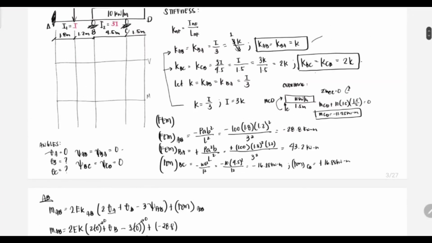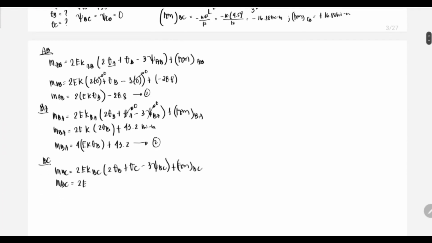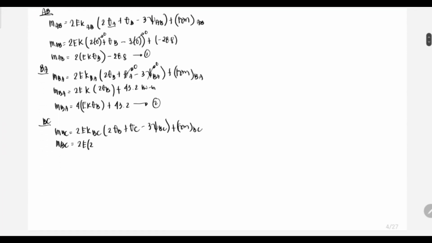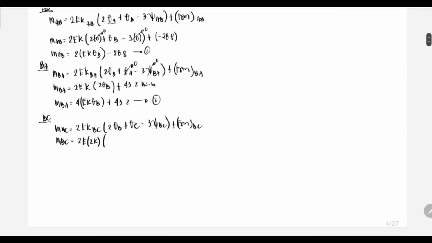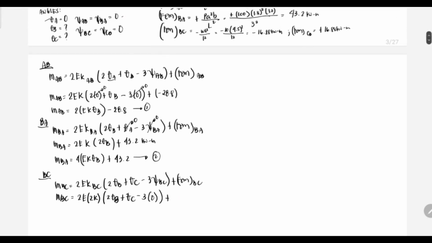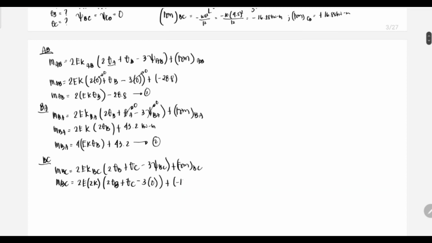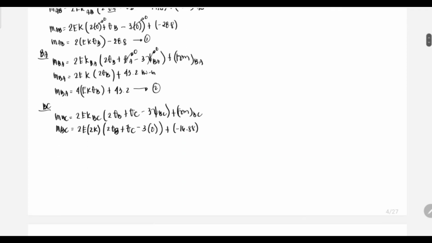Let's see. Our KBC and CB dyan ay 2K. So, ilagay lang natin dito. We have 2K. Multiply it by 2 theta B and theta C for the angles are unknown. So, we have 2 theta B plus theta C minus 3 psi BC would be 0. Plus our fixed end moment of your BC, which is equivalent to negative 16.88.